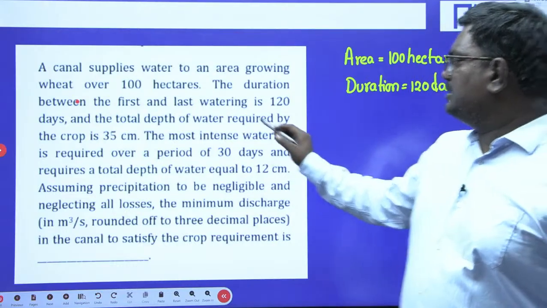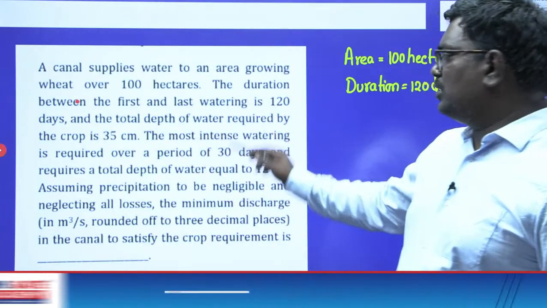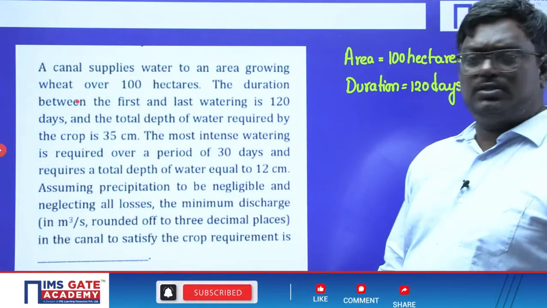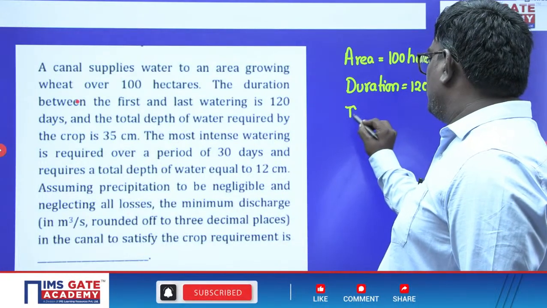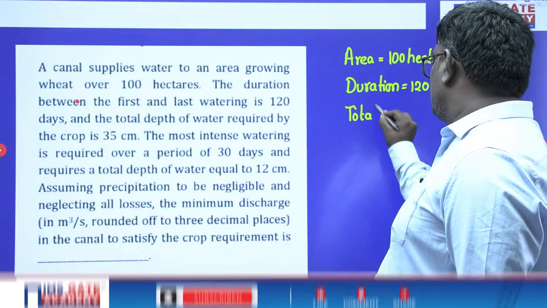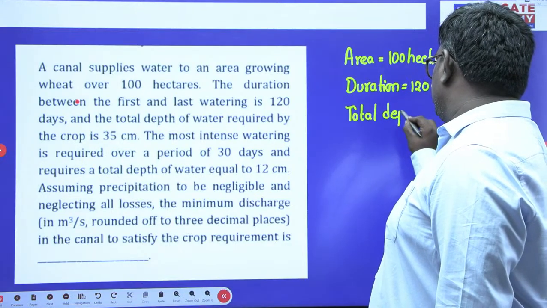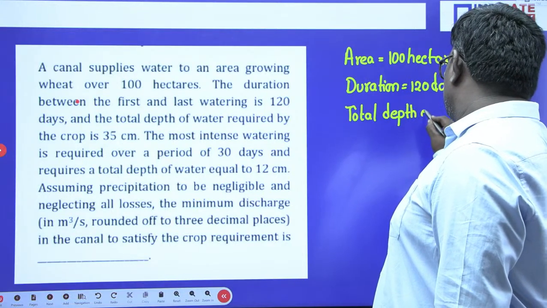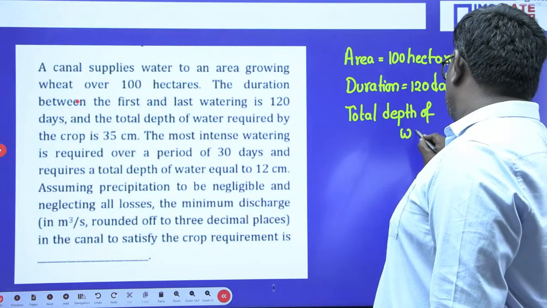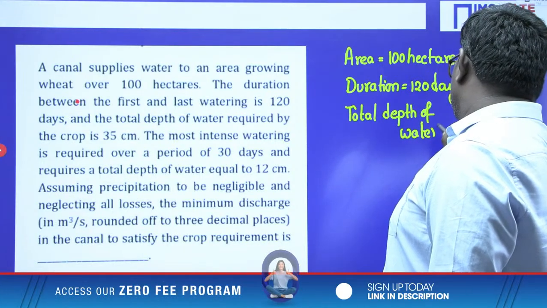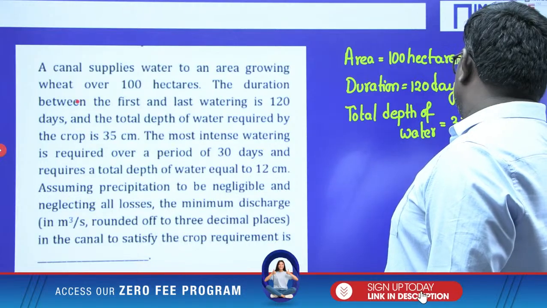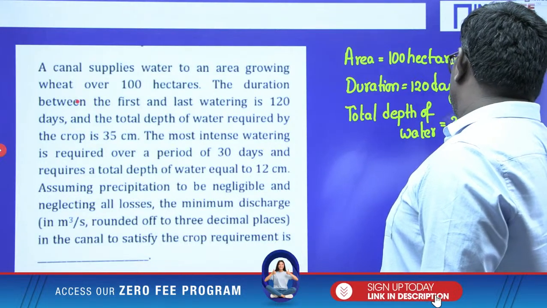Next, the total depth of water required by the crop is how much? 35 centimeter. Agree, students?